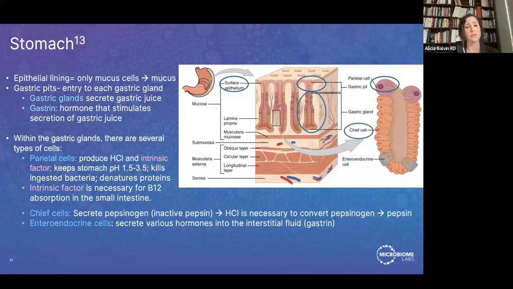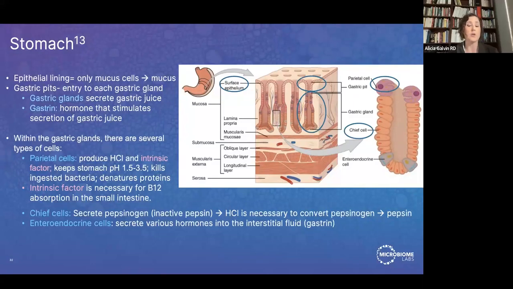We also have chief cells, which secrete pepsinogen, which is inactive, and that has to be activated by stomach acid to convert to pepsin, which is what we need to break down proteins. So you think about people who are on PPIs, or they have H. pylori.